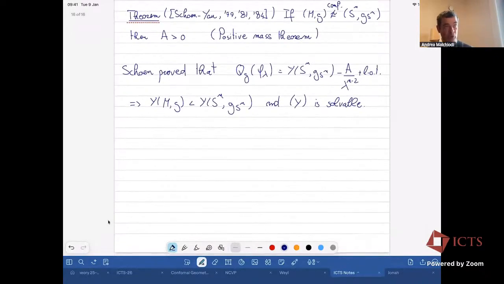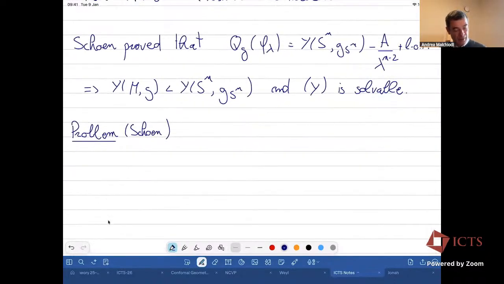Okay, a couple of comments. So Schoen asked this question. So, a problem posed by Schoen in the 80s: are positive solutions of the Yamabe equation uniformly bounded?